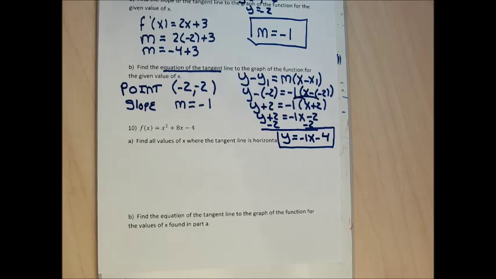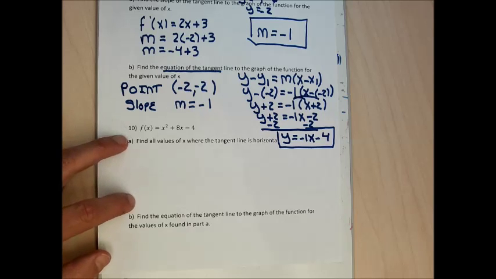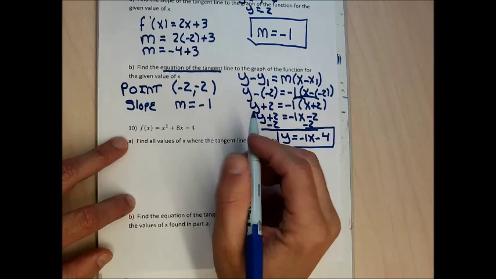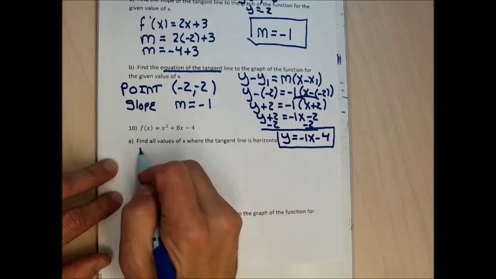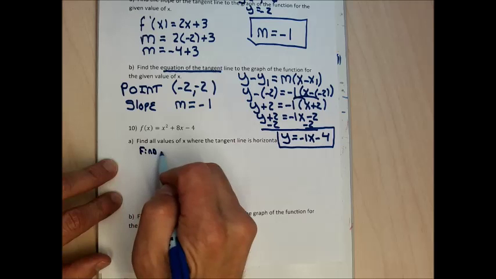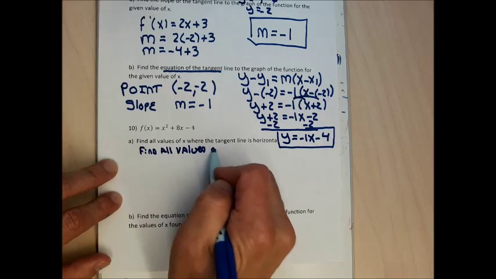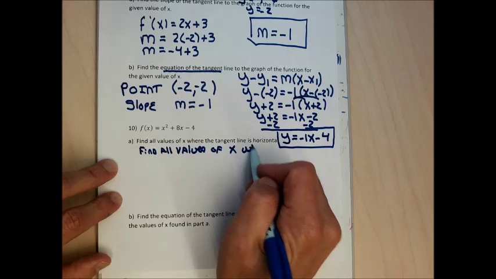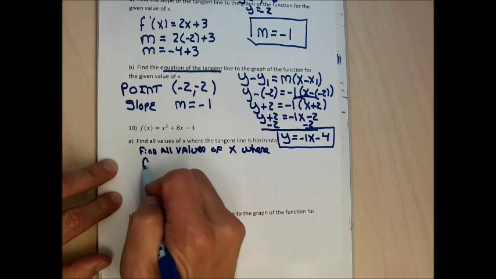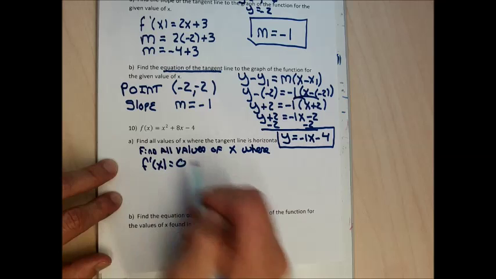Ten is a little bit trickier. Ten wants me to find values of x where the tangent line is horizontal. This is similar to saying find all values of x where f prime of x equals 0.